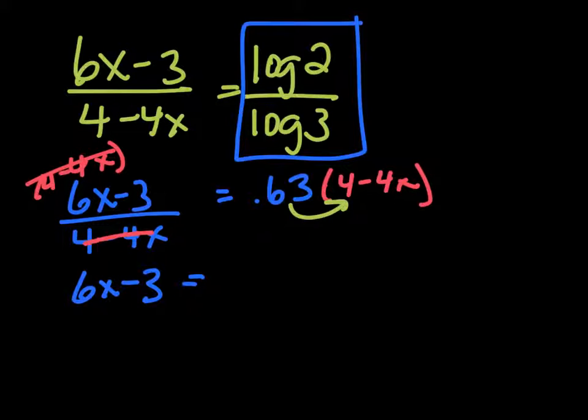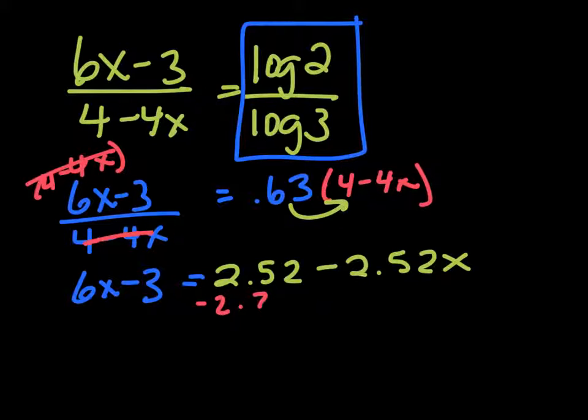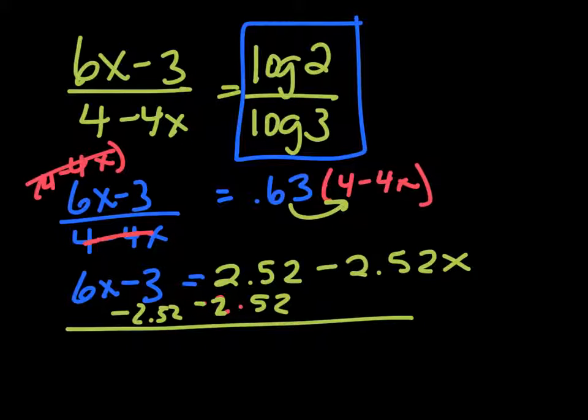All I'm doing is distributing. Gives me 2.52 minus 2.52x. And then I'm going to solve. So I'm going to move over my 2.52. That gives me 6x minus 5.52 equals negative 2.52x.